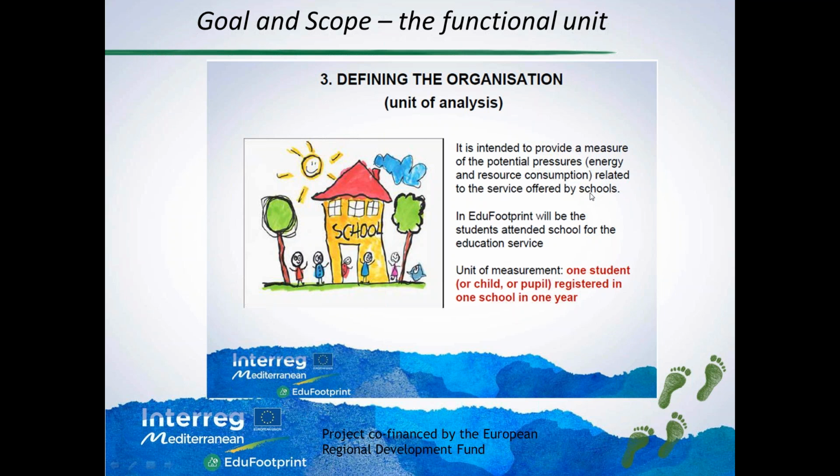Let me do the comparison. The service offered by school could be the functional unit of an LCA. And this one student registered in one school in 1 year could be a reference flow, right?